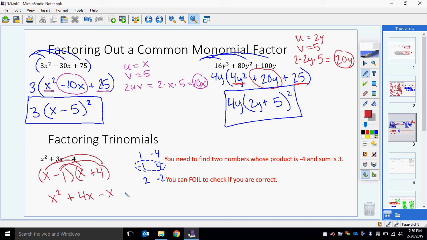And negative 1 times 4 would be negative 4. And when you combine these like terms, you get 3x for your middle term. And voila, my answer is correct because I got back to the negative 4. Negative 1 times positive 4 is negative 4. I got back to the original trinomial. So factored form would look like this, 2 binomials.